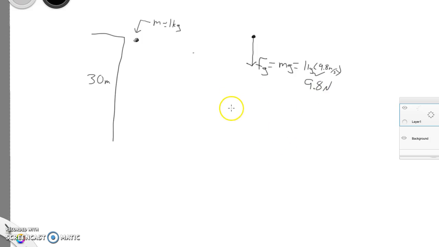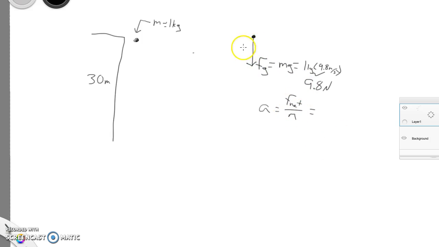Alright, and then we remember back to some previous chapters where we talked about Newton's second law, which says that acceleration is equal to the net force divided by the mass. If we plug the numbers in here, we can find out at what rate gravity is causing it to accelerate.